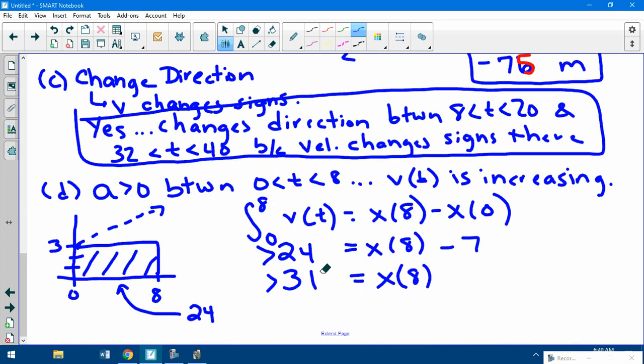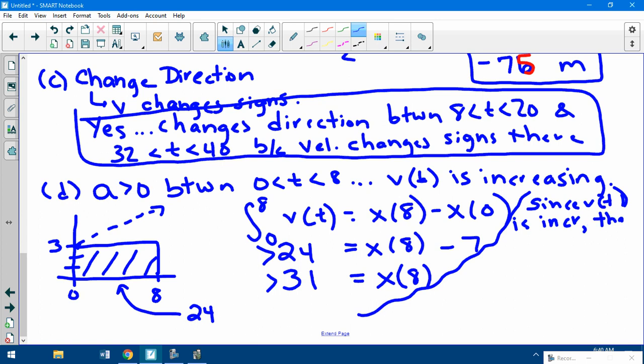It says explain, so we should kind of put some words involved here. So everything I just showed you proves it, but in words, we could say since v of t is increasing, the minimum value would be 3.